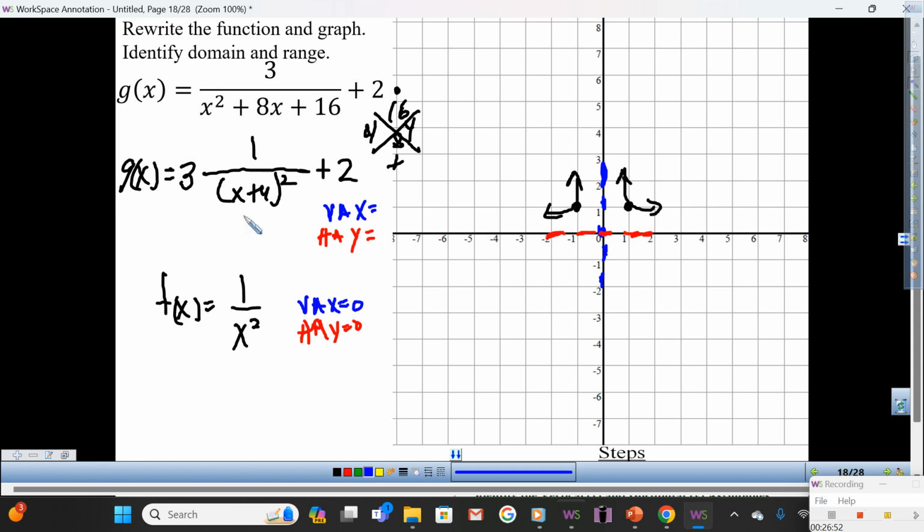Help him out. Oh, for the Y, yeah. Positive 2 for the Y. And then? Negative 4, that is correct. Nice save. Y equals 2.